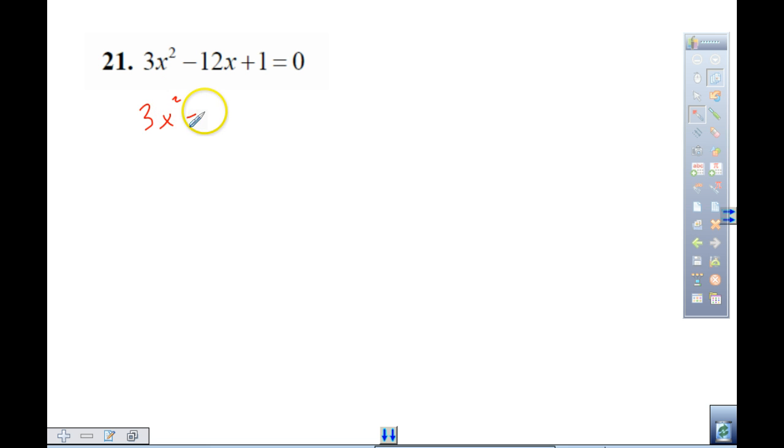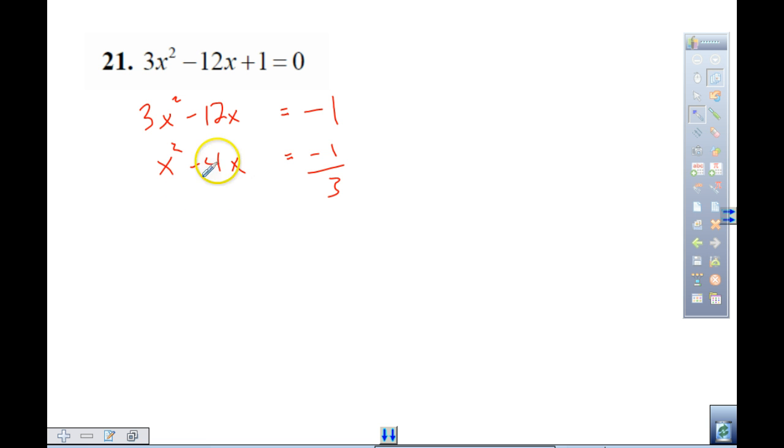Let's do that. Okay. Equals -1. And let's go ahead and divide out 3. Divide everything by 3. Just one way of doing it. You might have another way. That's okay too.